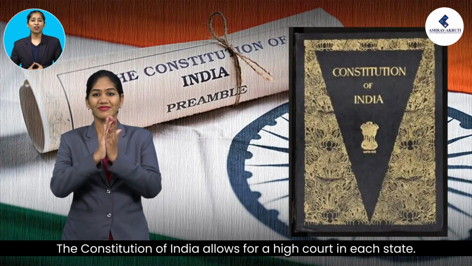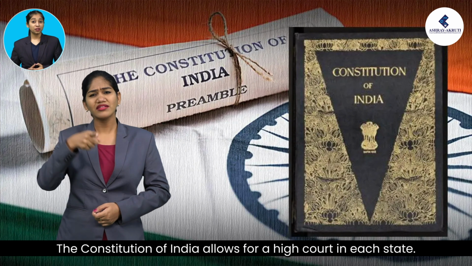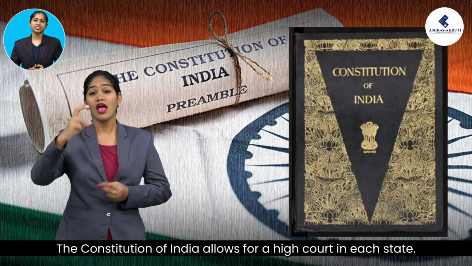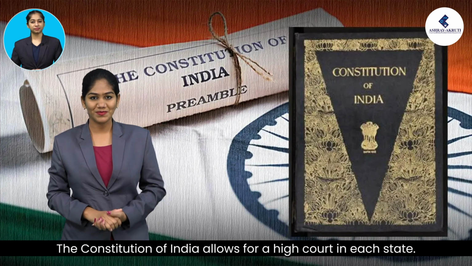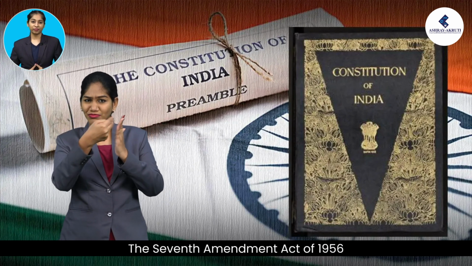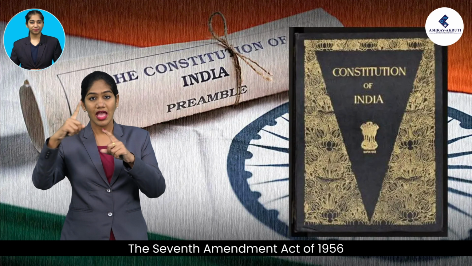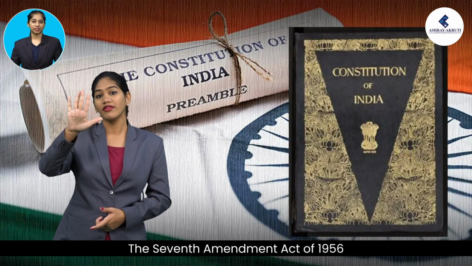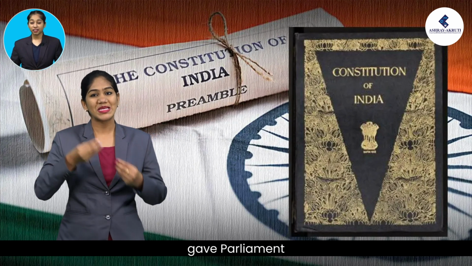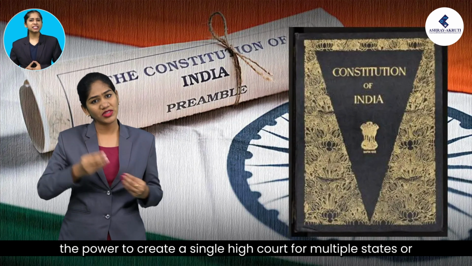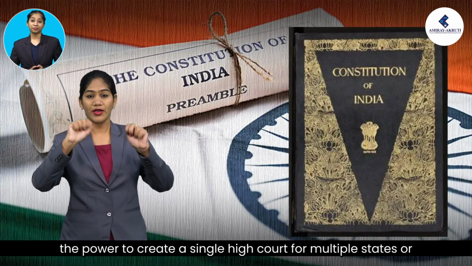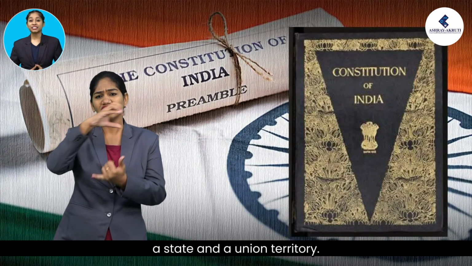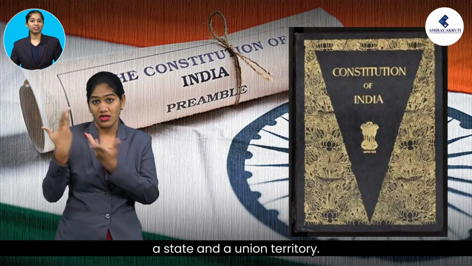The Constitution of India allows for a High Court in each state. The 7th Amendment Act of 1956 gave Parliament the power to create a single High Court for multiple states or a state and the union territory.